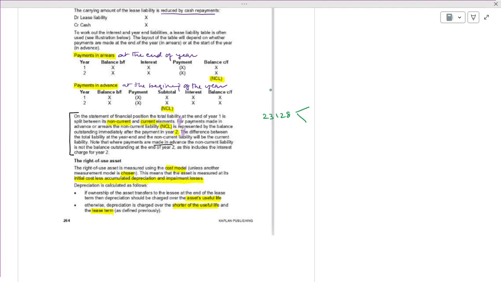For payments made in advance or arrears, the non-current liability is represented by the balance outstanding immediately after the payment of year 2. What is the balance outstanding at the end of year 2?